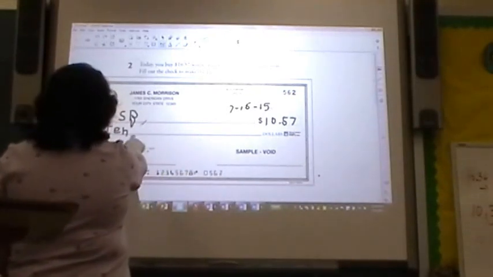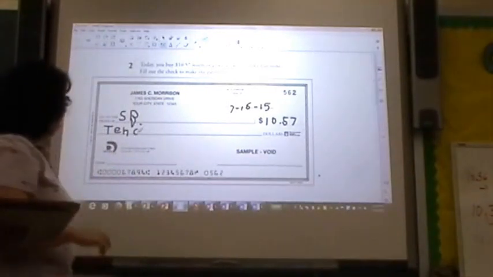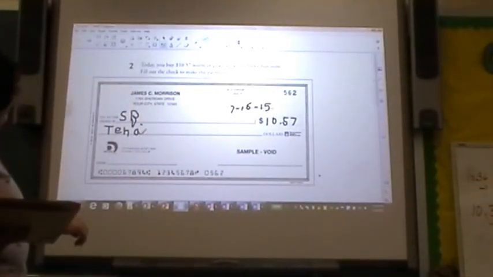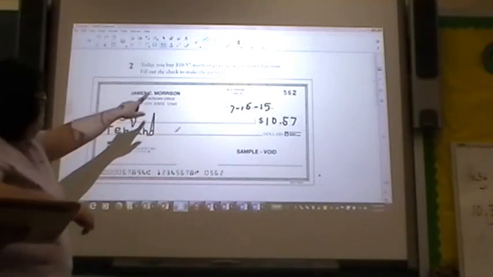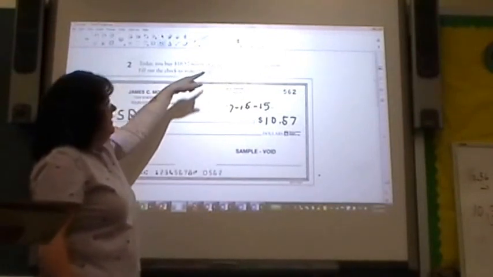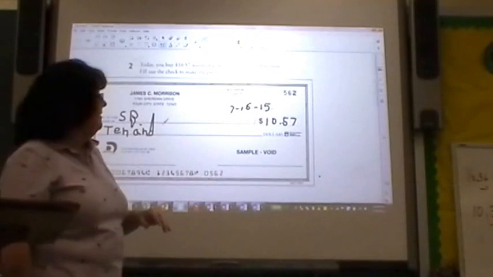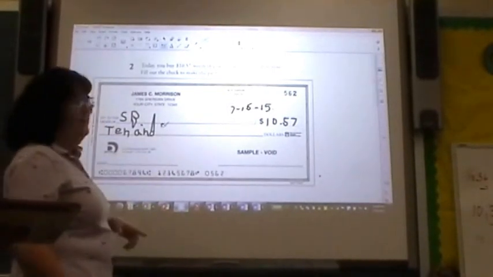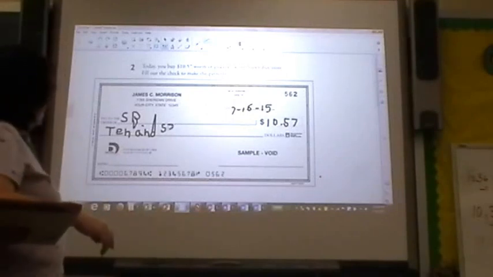We're going to just say 10 and, A-N-D. Okay? We're going to say 57 cents is 57 100ths. It's a fraction, right? So 57 goes in the numerator and 100 goes in the denominator.